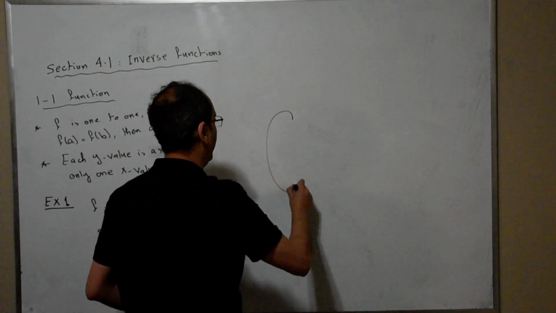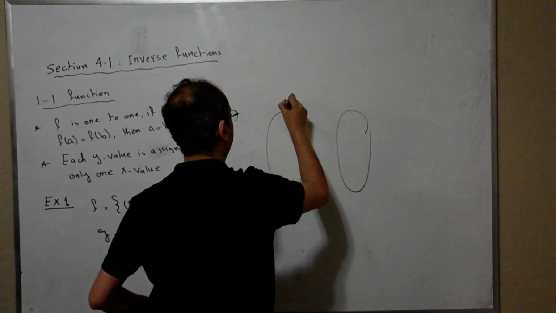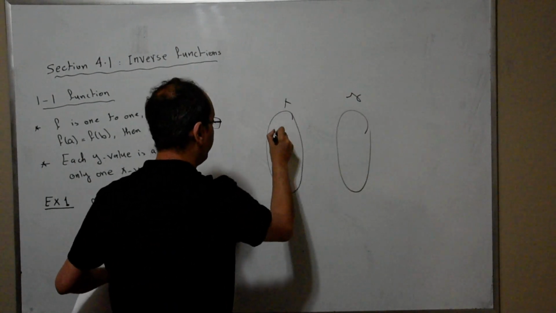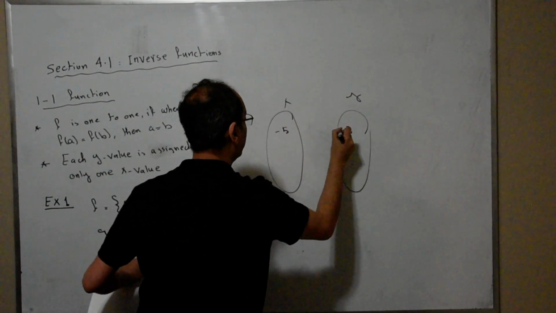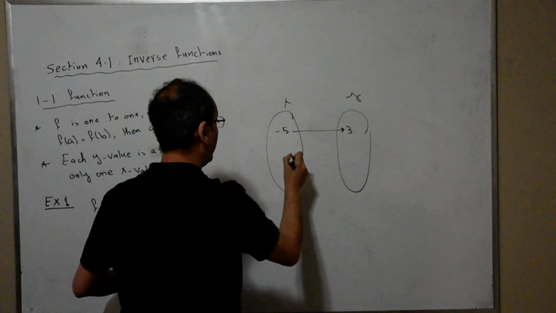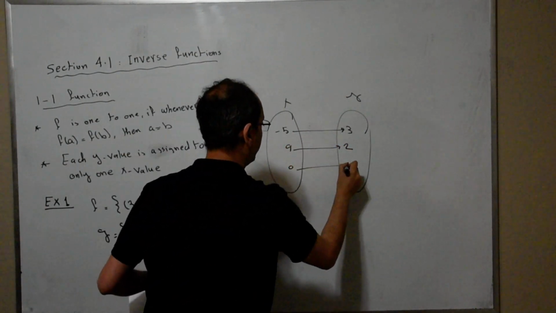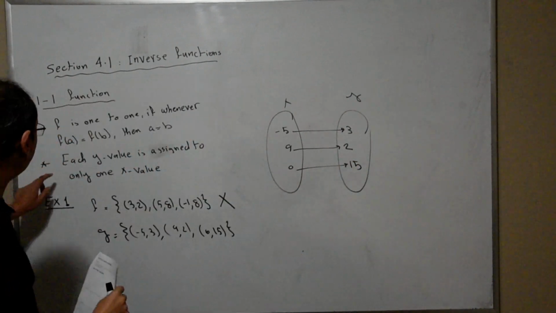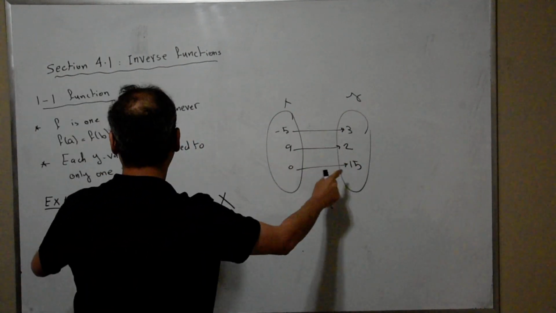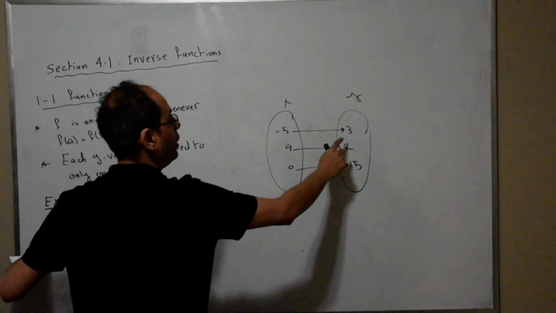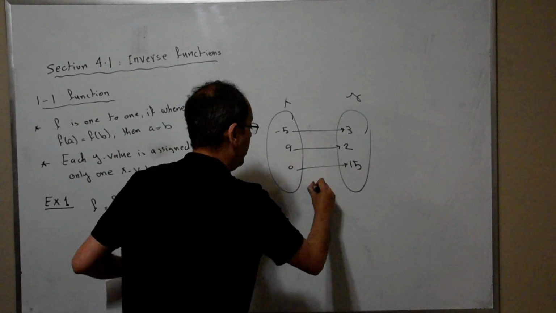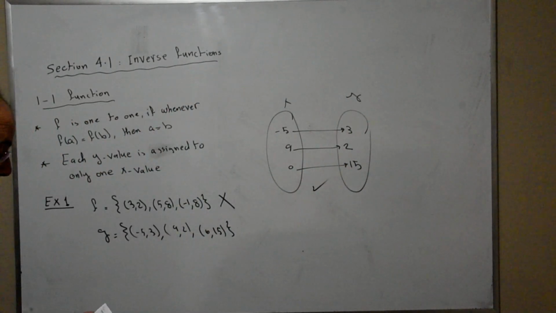Again, I'm going to make x and y. I have negative 5 assigned to 3, 9 assigned to 2, and 0 assigned to 15. Based on that, each y value is assigned to only one x value. Therefore, this is one-to-one.